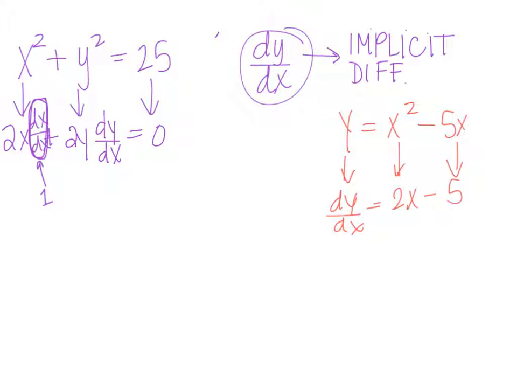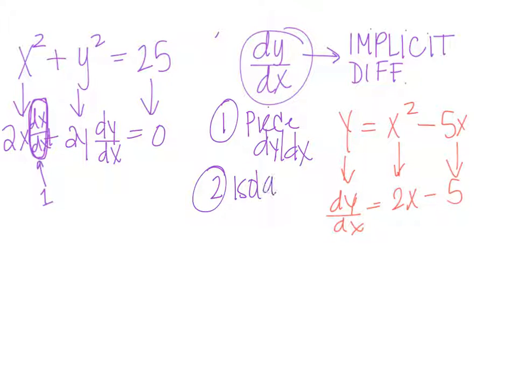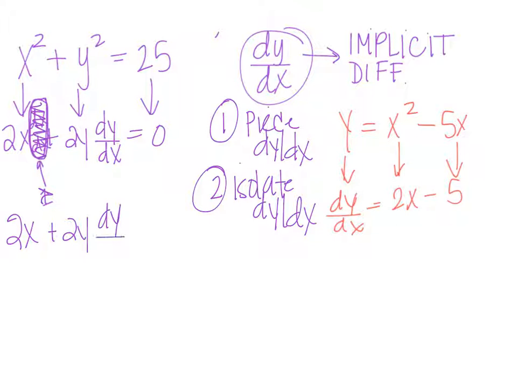Once you derive each piece, and you don't forget your dy dx's on your y's, your next job is to isolate dy dx. So let me rewrite that. We have 2x plus 2y dy dx is equal to 0.